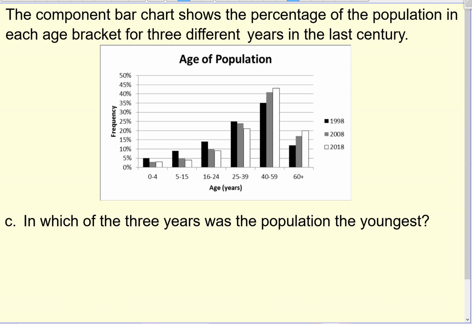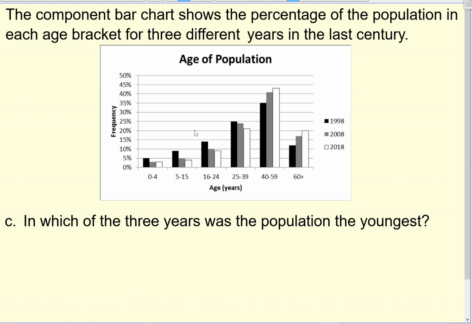It means that there is a bigger percentage of young people, and there is also a smaller percentage of older people. So we're looking at the beginning of the graph in the younger ages. We're looking for a bar that's taller, which would tell you that there was a higher percentage of people in that age. And then we're looking for when the bar is lower in those later years.